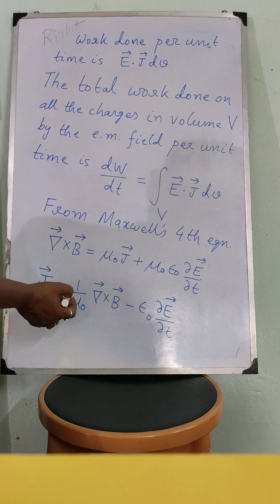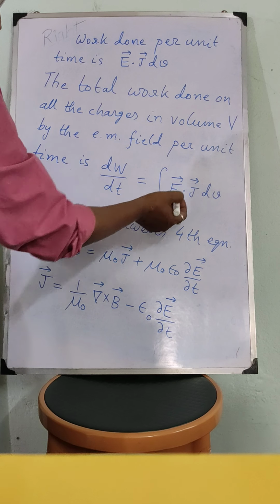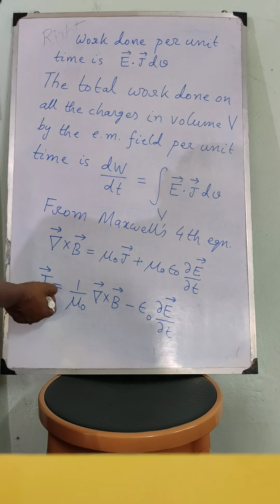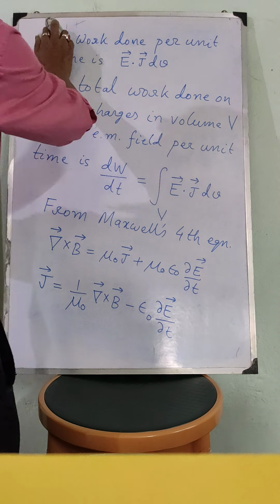Now we will put this expression of J here. We need E dot J, so first we will calculate what E dot J is.